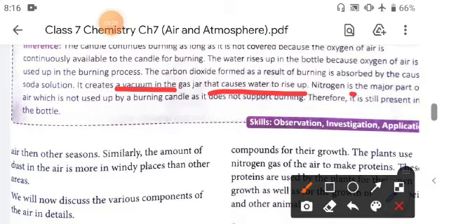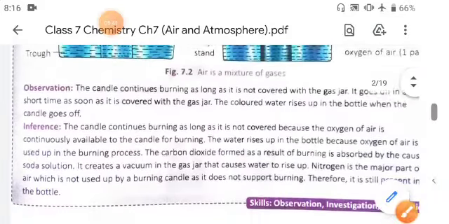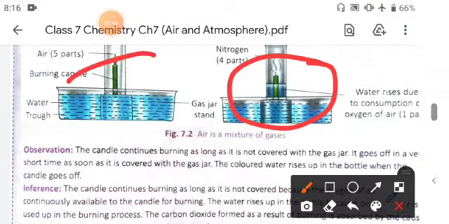Nitrogen is the major part of air which is not used up by the burning candle and it does not support burning, therefore it is still present in the bottle. So this experiment proves that air contains many gases.